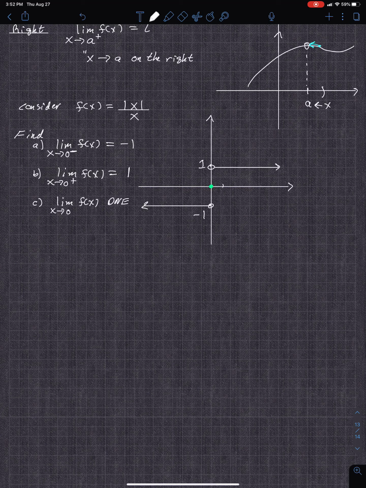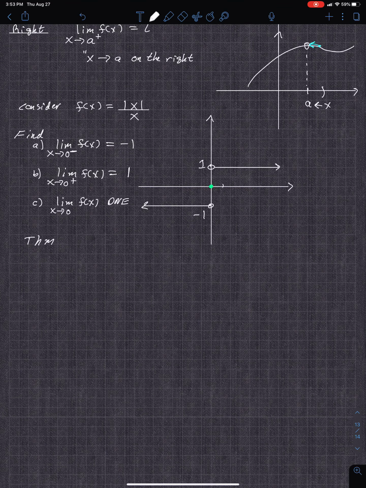So we have a theorem that connects this together. This theorem basically says that the limit of a function exists at a if both the left and right limits are the same. We'll write it out in symbols.